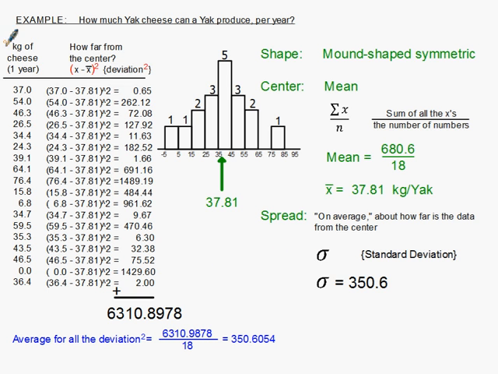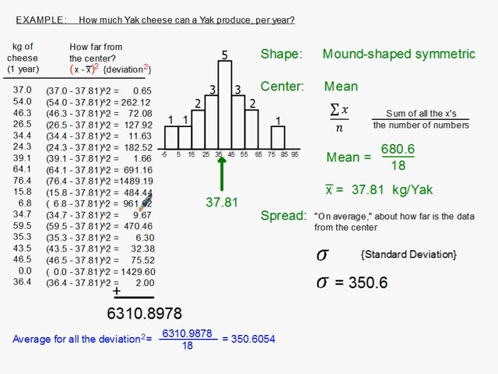So is sigma in this case 350.6? Well, let's do that reality check. Does that make sense? On average, is the data 350 units away from the mean? No, it's still way off the screen. That still doesn't make sense. What's going on? Well, squaring does two things. It makes everything positive, but it also makes everything big.